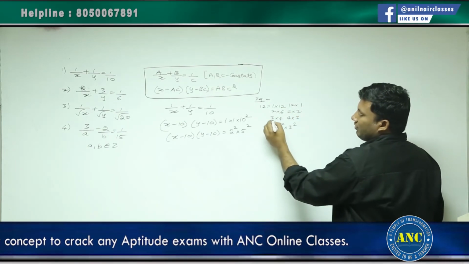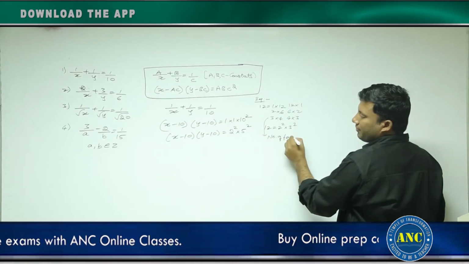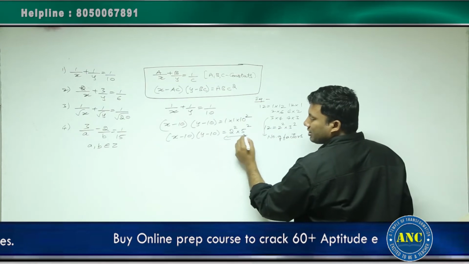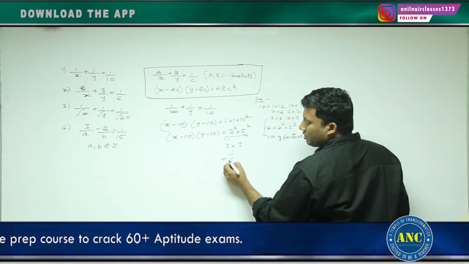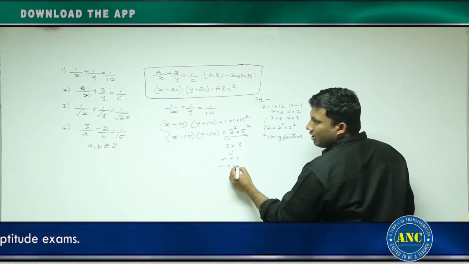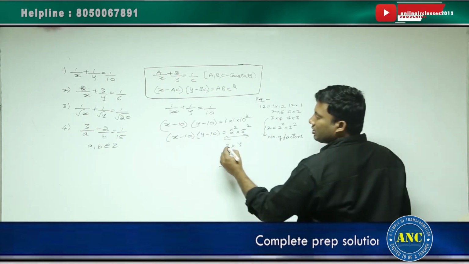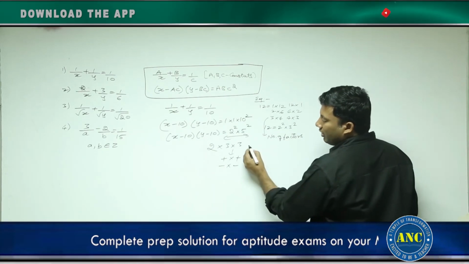So this is nothing but the number of factors. So what will be the number of factors here? 3 into 3, 9. This is when positive is multiplied with positive. Similarly, negative is multiplied with negative also, I get positive. That means the answer will be 3 into 3 into 2.